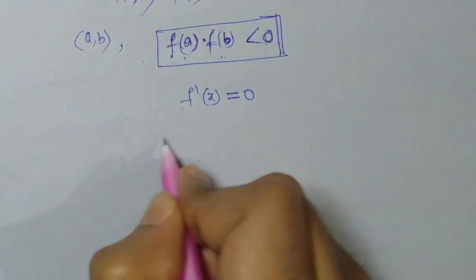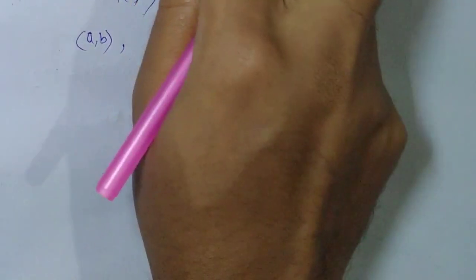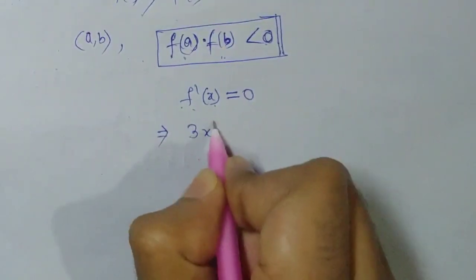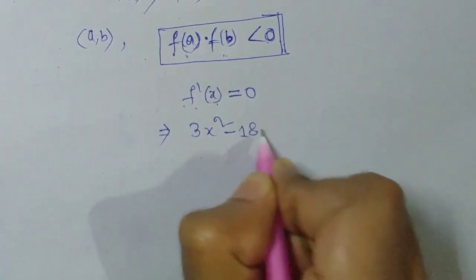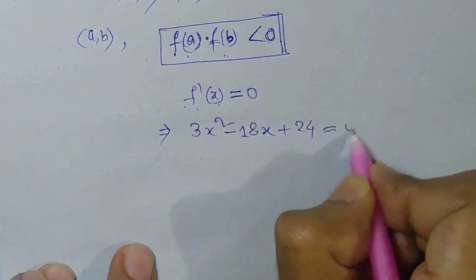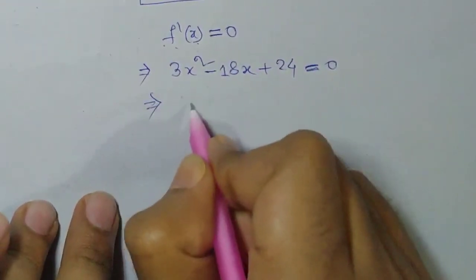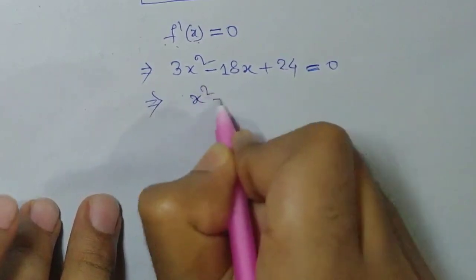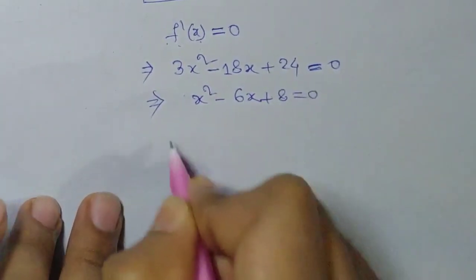Now let's calculate this. f dash x means differentiating this polynomial with respect to x. This gives 3x square minus 18x plus 24, equal to 0. Now this gives x square minus 6x plus 8 equals 0.